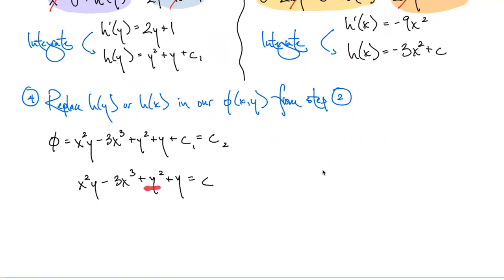So I'm going to bring this y squared to the front. And then I'm going to go ahead and grab x squared y, and I'm going to factor out the y. So x squared plus 1 y. And then I'm going to put this x term at the very end.